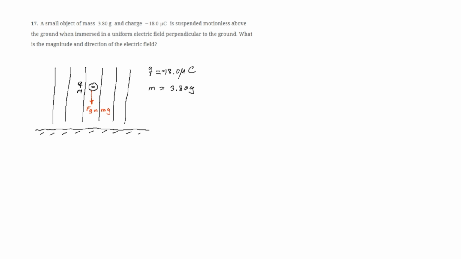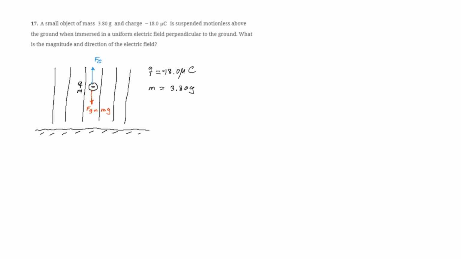So if this body is just suspended above the ground and motionless, it is because there should be another force counteracting the effect of the force of gravity. And what could that other force be? The electric force. So we need an electric force acting here with the same magnitude as the force of gravity, but with opposite direction.